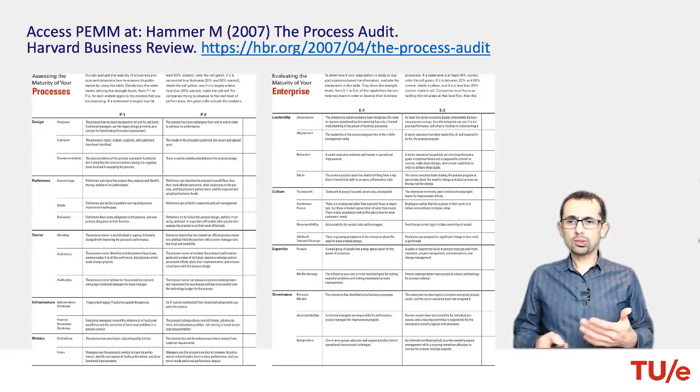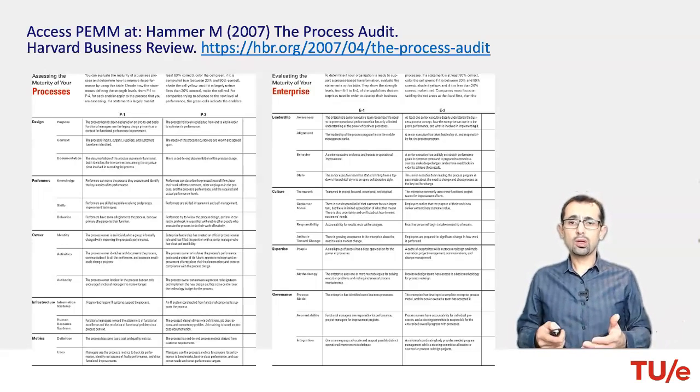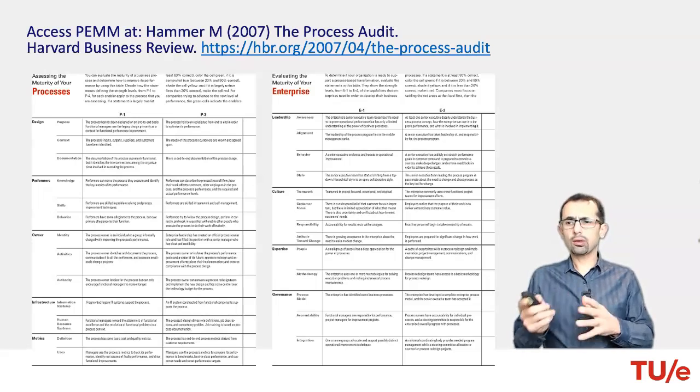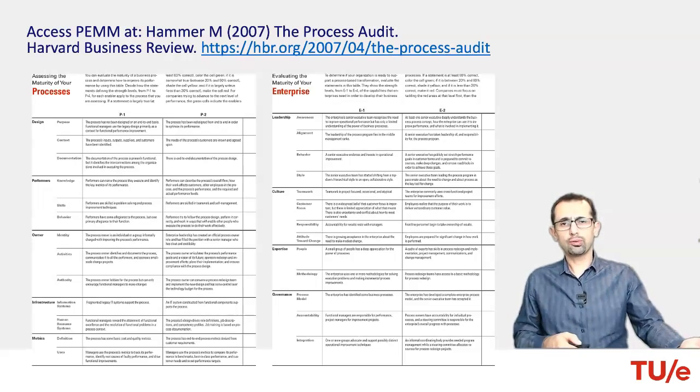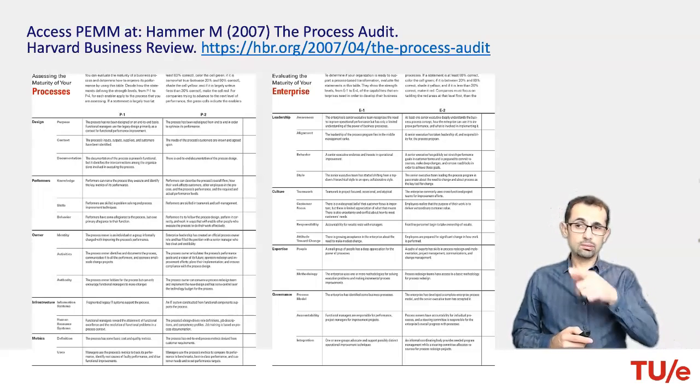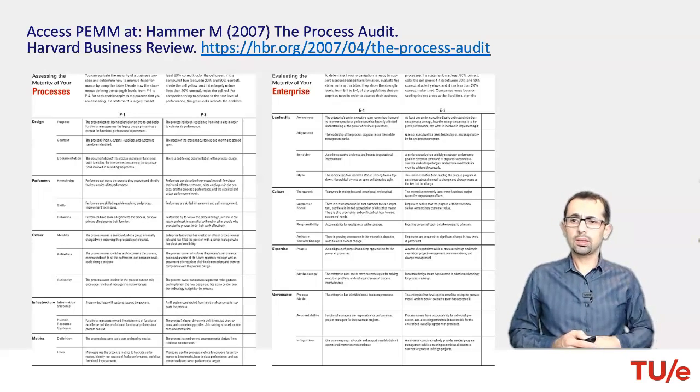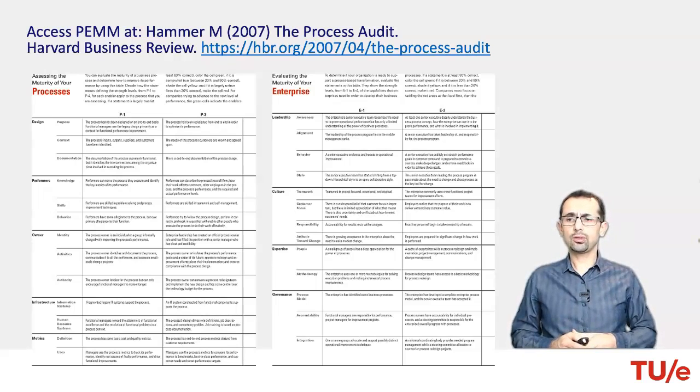Essentially, when we do maturity assessment in practice, we usually go with this one first to have a very quick overview of the organization's maturity, at what level, and then we use something else later on when planning for the improvement. So this is the link that you can follow up to access this particular maturity model.